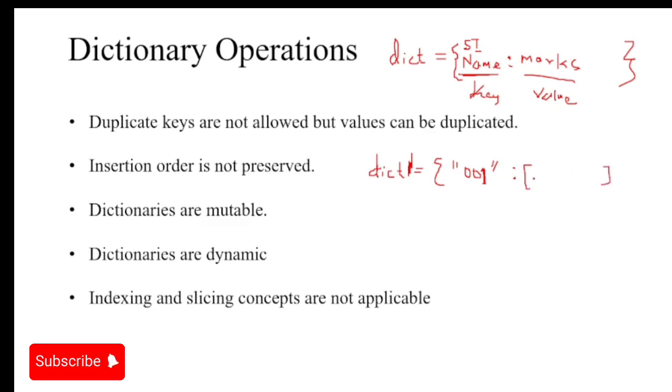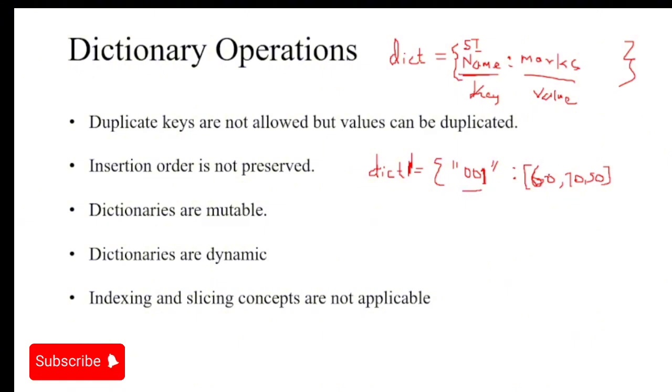For example, I have 60, 70, and 50. So I have the student marks in a list. This will be the values for my key 001, which is my student ID. So this is the key and this is the value.